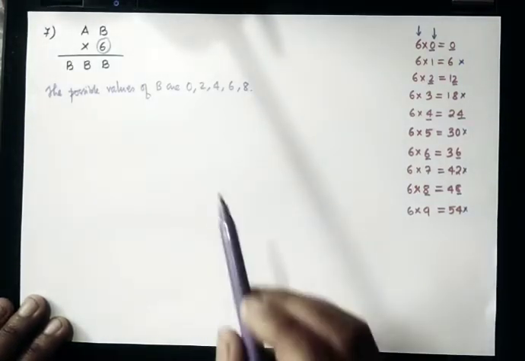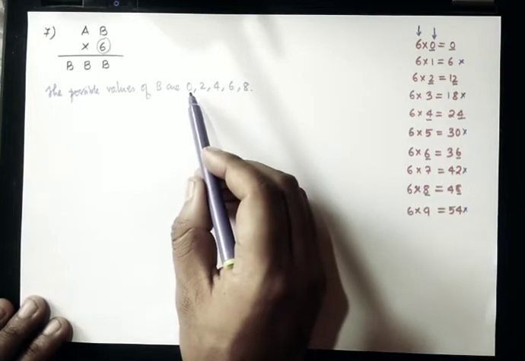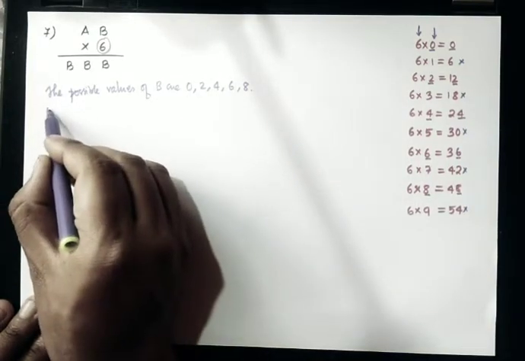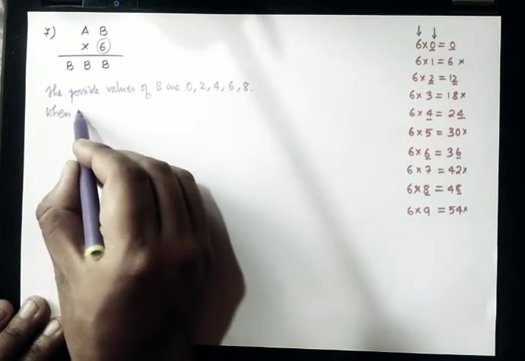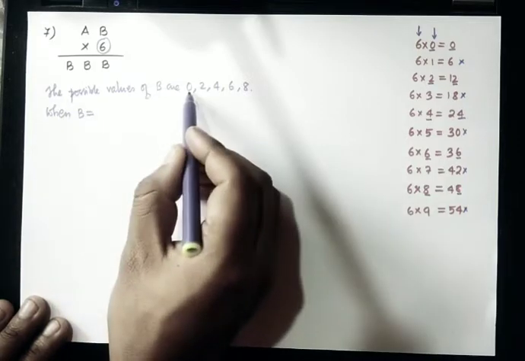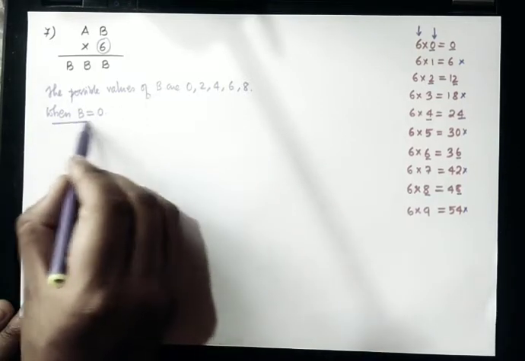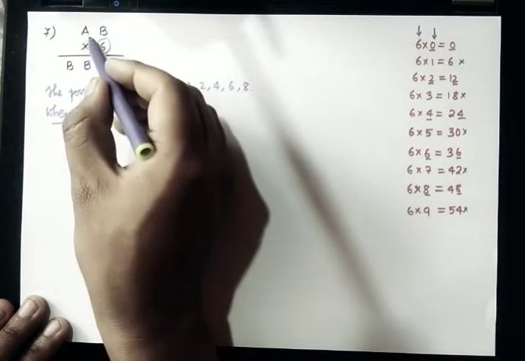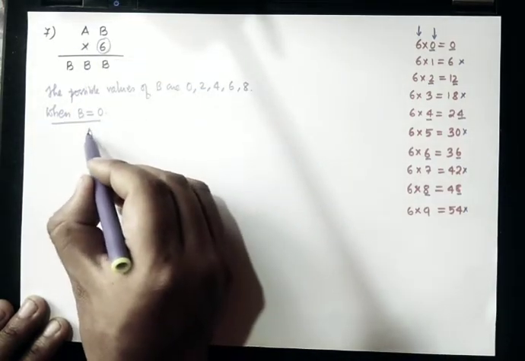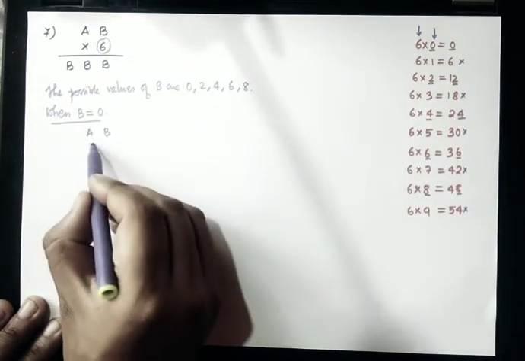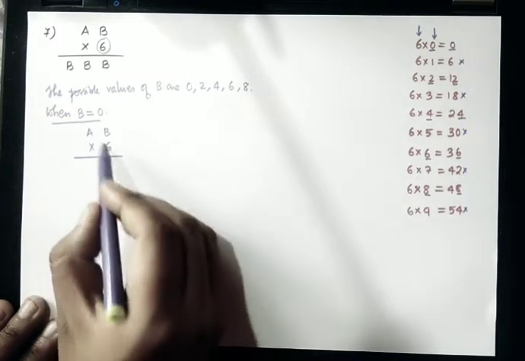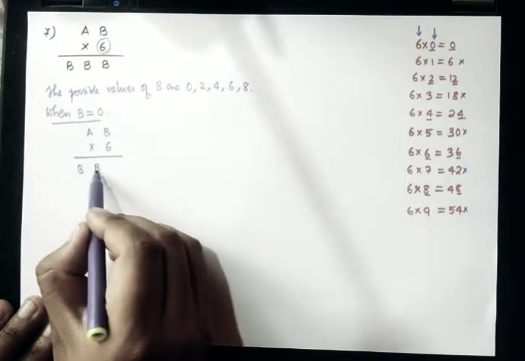Now let's check with each number. We'll start when b is equal to 0. This is our first case. Let's check what happens. We have ab into 6 will be bb.